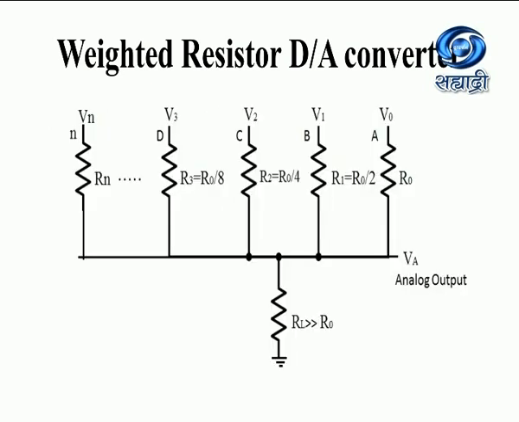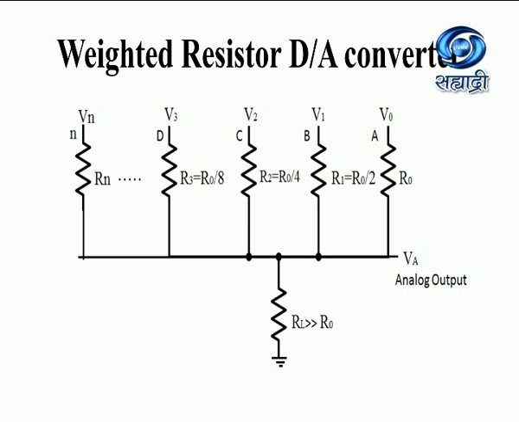This is the diagram of the weighted resistor DAC. Here N resistors are connected in this arrangement. For each bit, when we apply V0, V1, V2, V3 up to Vn, we require a particular resistor R0, R1, R2, R3 up to Rn. Each resistor has its positional weight for each bit.